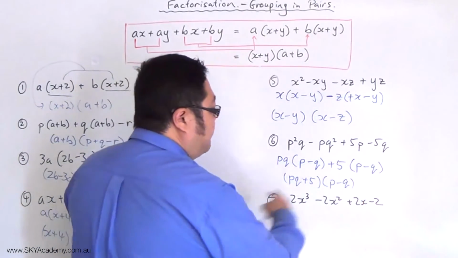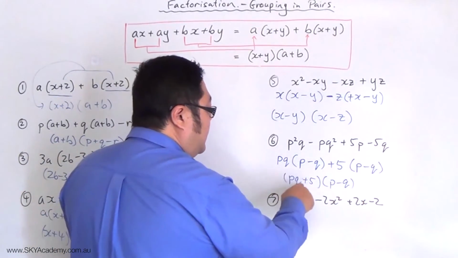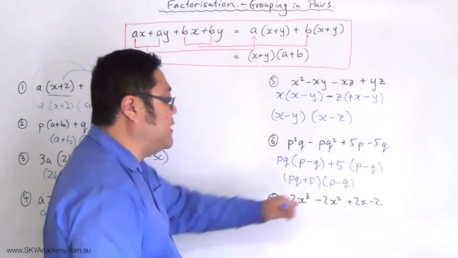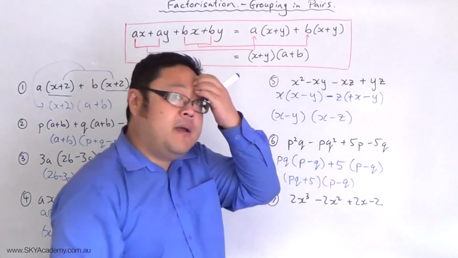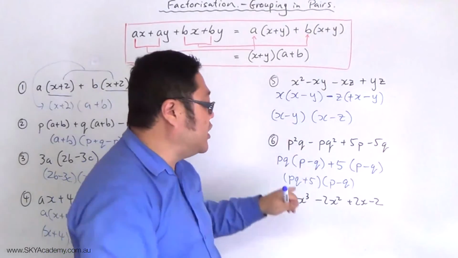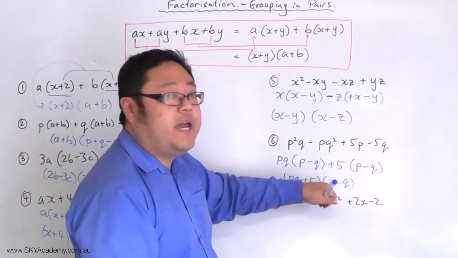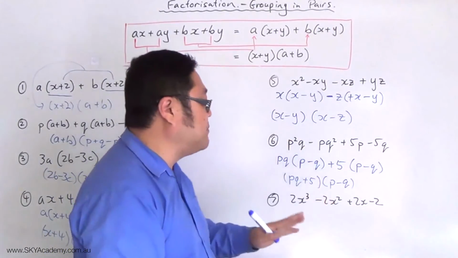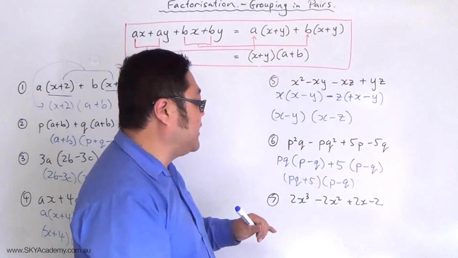Well, it should be the other way around. P minus q should be here, and p squared plus 5 should be there. So these should be swapped around, but it just goes to show you, you can do it this way or the other way, and it'll just be the same expression, okay?